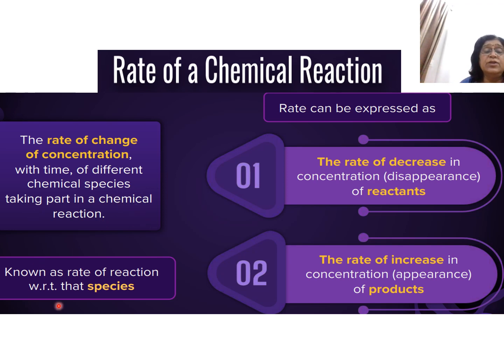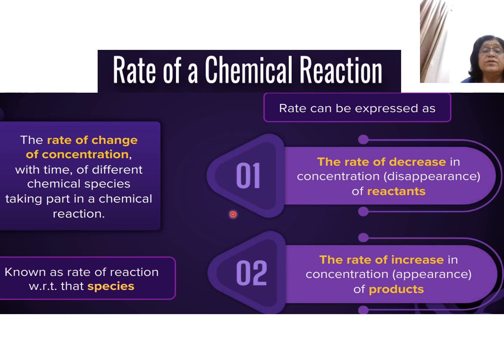Okay. So that means rate of reaction is calculated with respect to that species. Either the concentration of the species decreases or it increases. So if it is a rate of decrease in concentration of reactants, it is also known as rate of disappearance of reactants. While the rate of increase of concentration of products is also known as rate of appearance of the products.